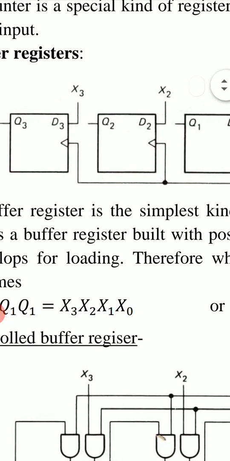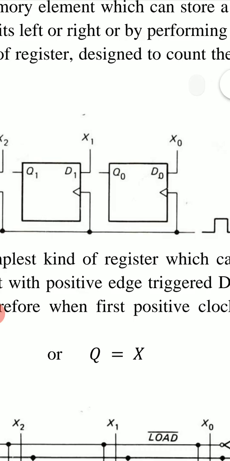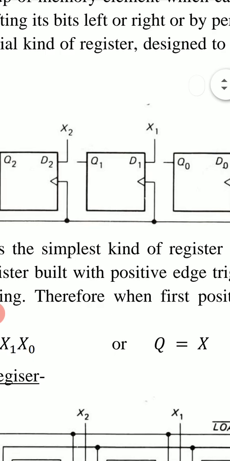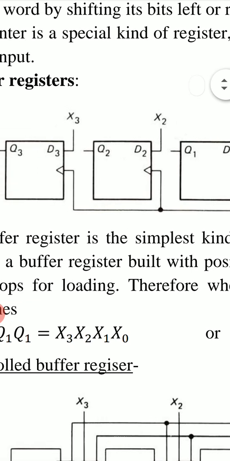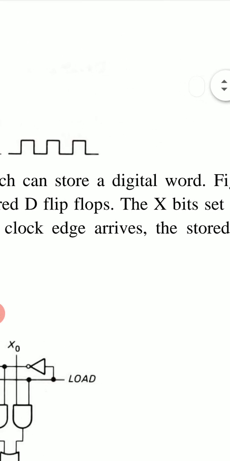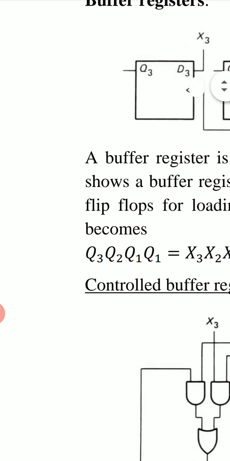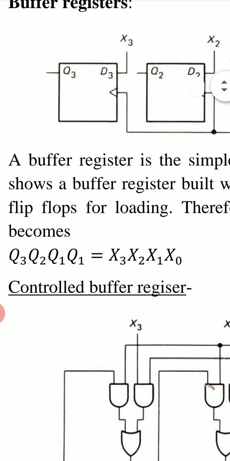These are the 4 X bits: X3, X2, X1, X0. X0 goes to D0, X1 goes to D1, X2 goes to D2, X3 goes to D3. These are the input bits of these 4 D flip-flops. So these 4 X bits will set up the flip-flops for loading.